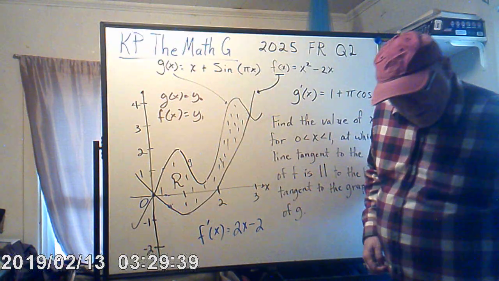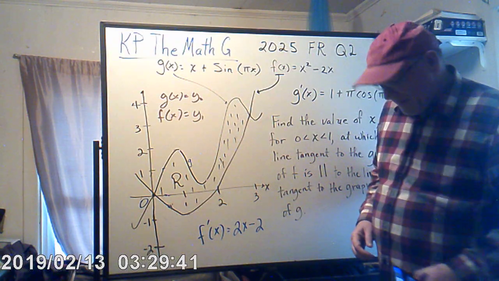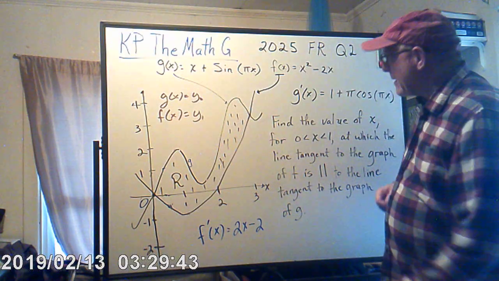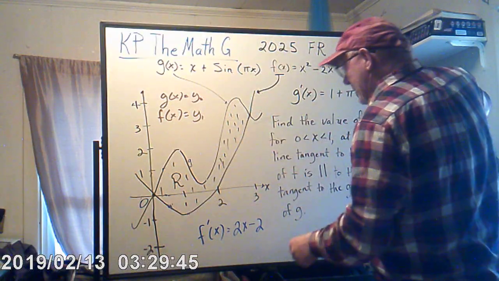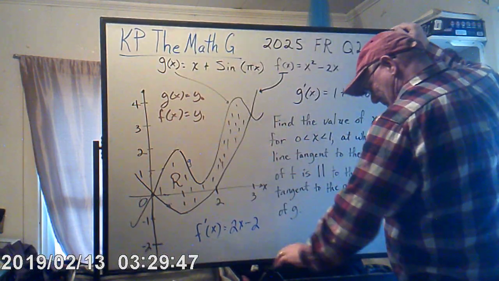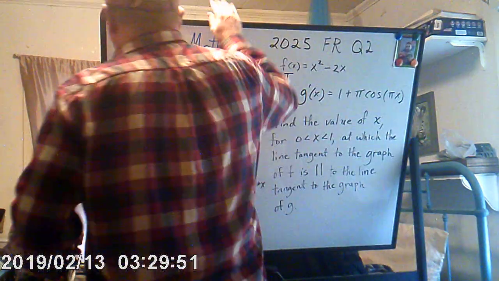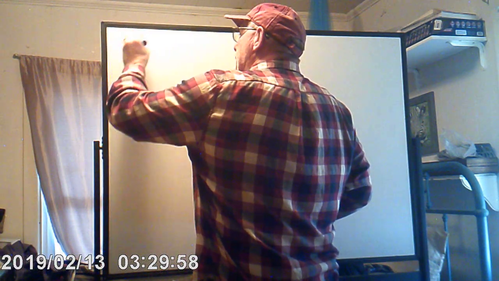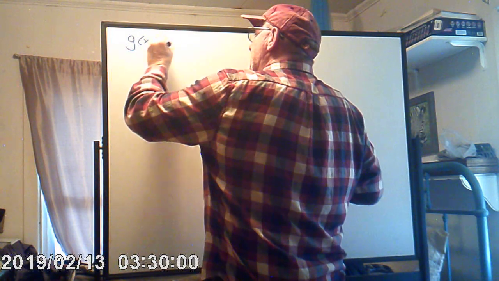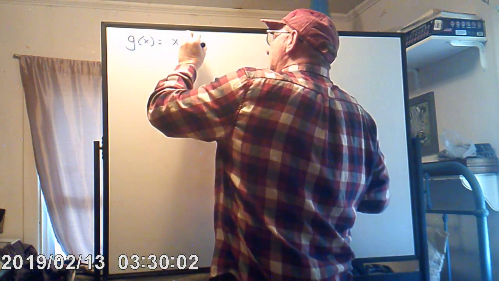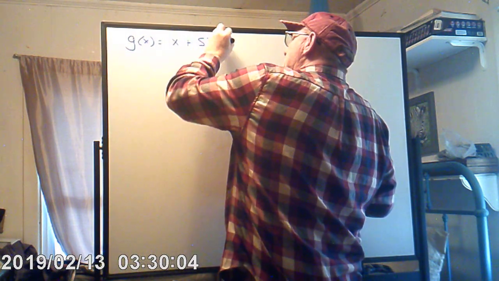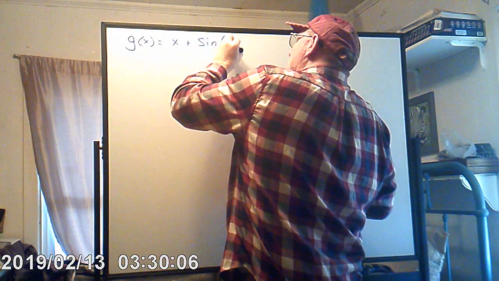On your calculator, before we do that, I want to do this right here. g at x is equal to x plus sine pi x.